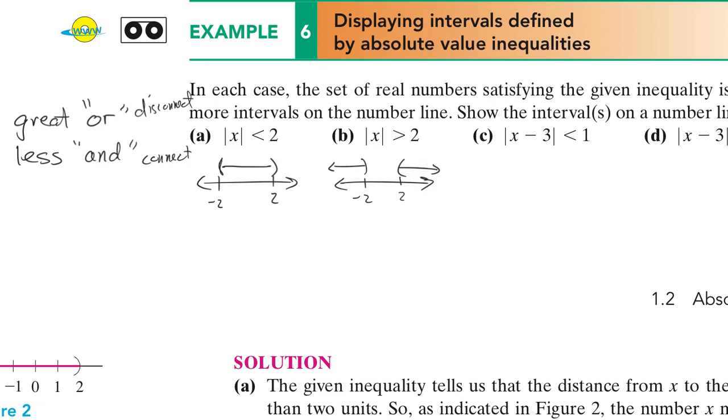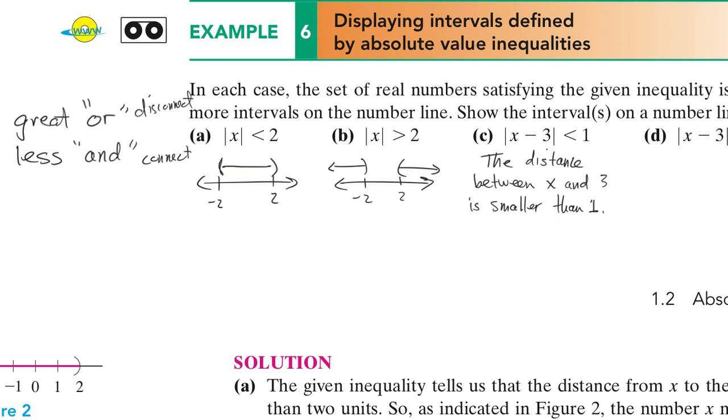Now we have the other parts. So for C, if we were to interpret this, what does this say? It says the distance, right? So subtraction with absolute value there is telling us the distance between some number and 3 has to be smaller than 1. Let me write that down. Okay, so I wrote that down. To put this into a sentence, the distance between x and 3 is smaller than 1.